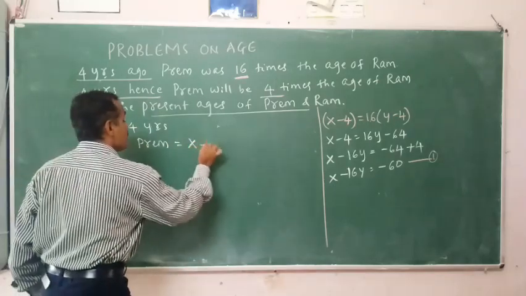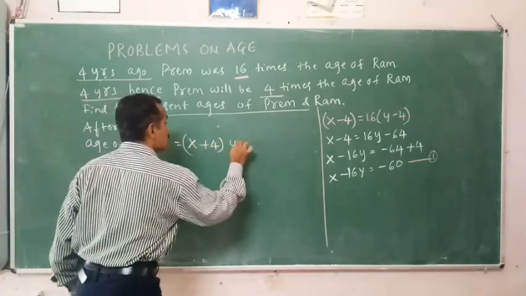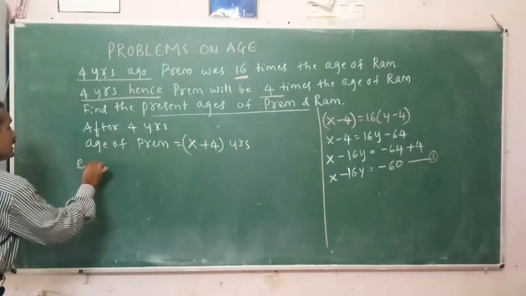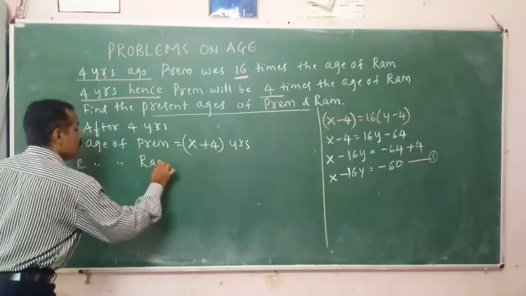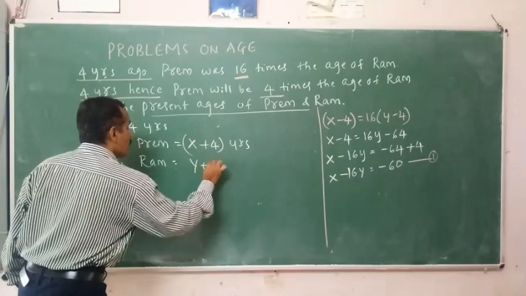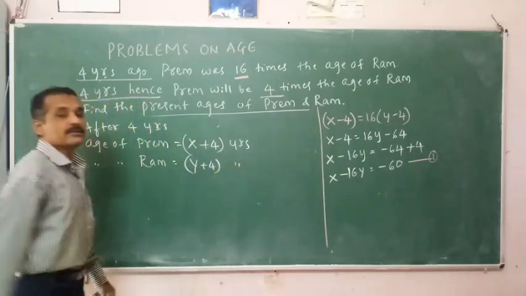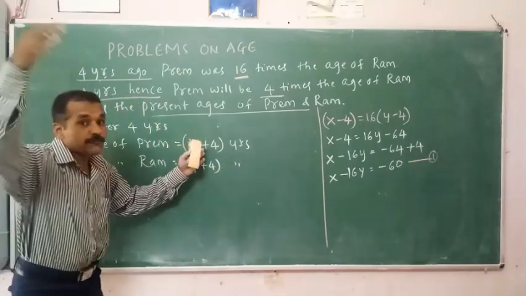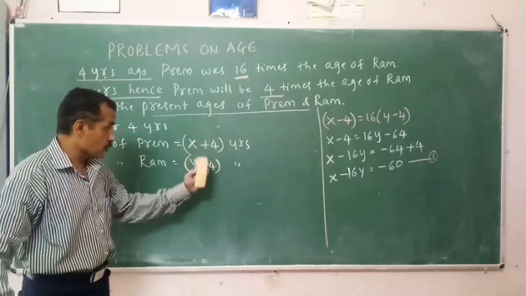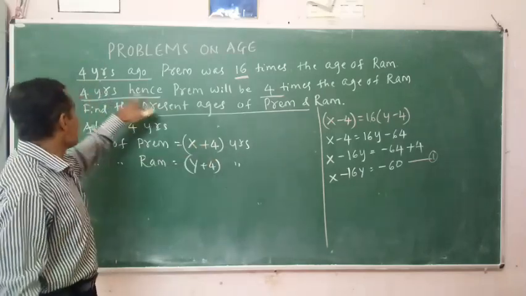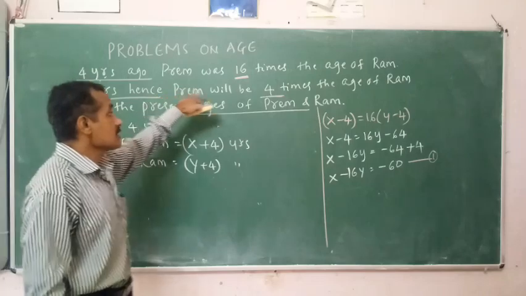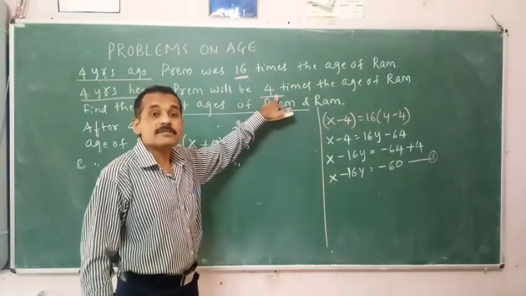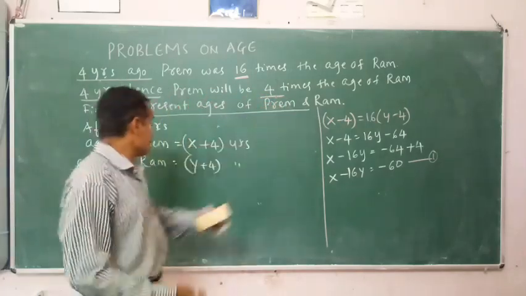After 4 years, x plus 4 years, and age of Ram is equals to y plus 4 years. This is the story of after 4 years. Now they say after 4 years, Prem will be 4 times.